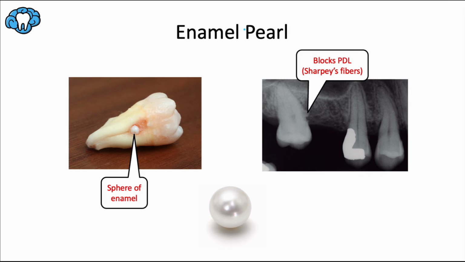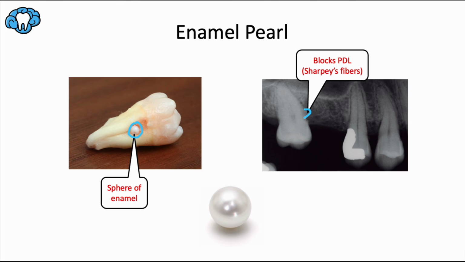An enamel pearl is a hard spherical lump of enamel that develops on the root of a tooth where it doesn't belong. The problem with this is it cannot be scaled off because it's literally a glob of enamel fused to the cementum. And it blocks the attachment of Sharpey's fibers, which are type 1 collagen fibers of the periodontal ligament that connect the alveolar bone and the cementum.